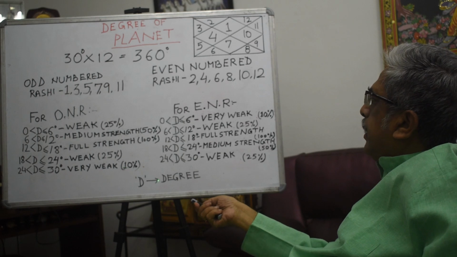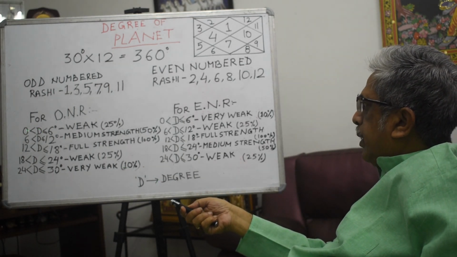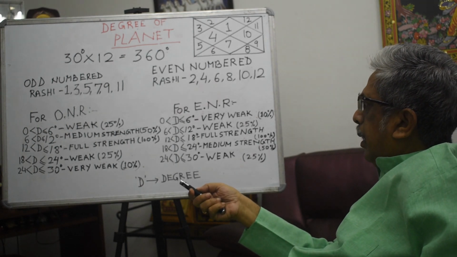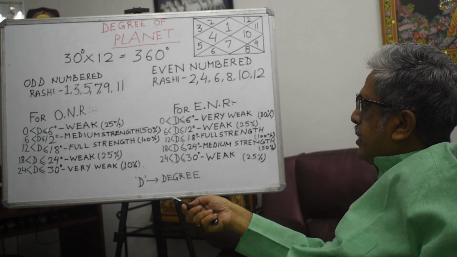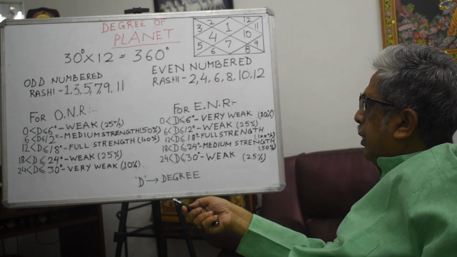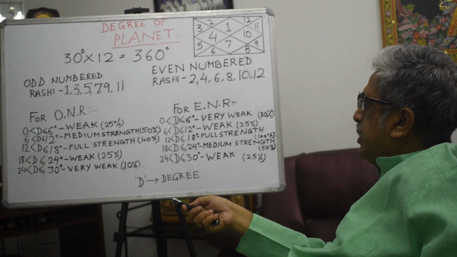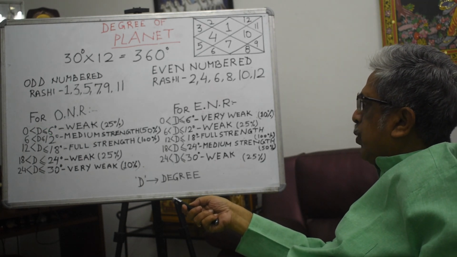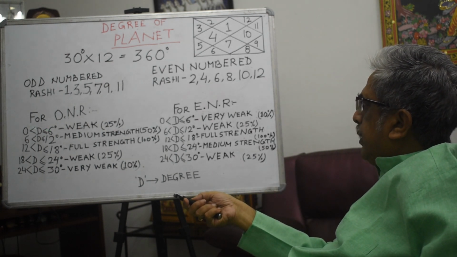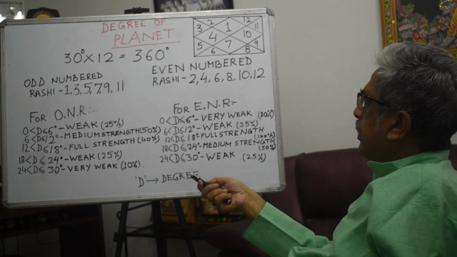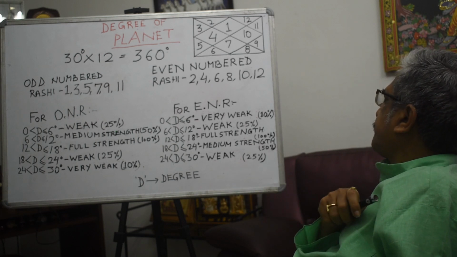So D means degree. Here D is more than 0 and equal to or less than 6. This symbol indicates equal to or less than. So if the degree is between these two limits, the result is weak. The result is only 25%.